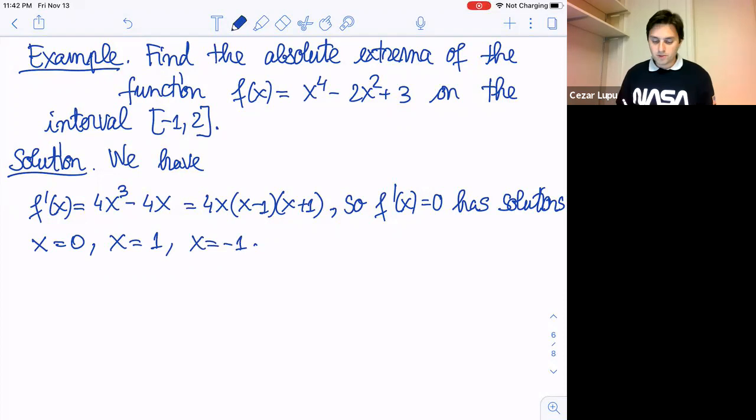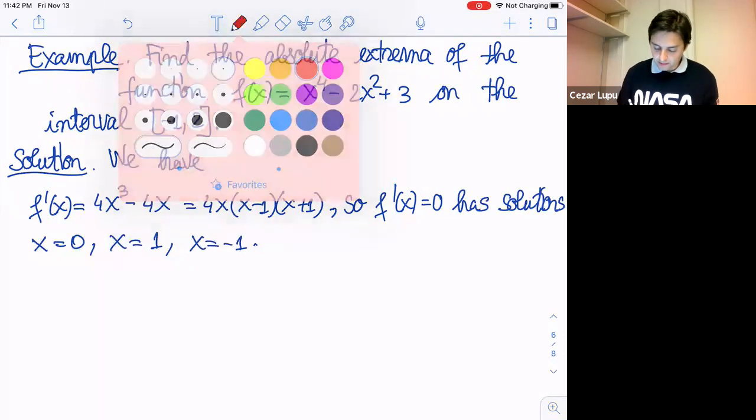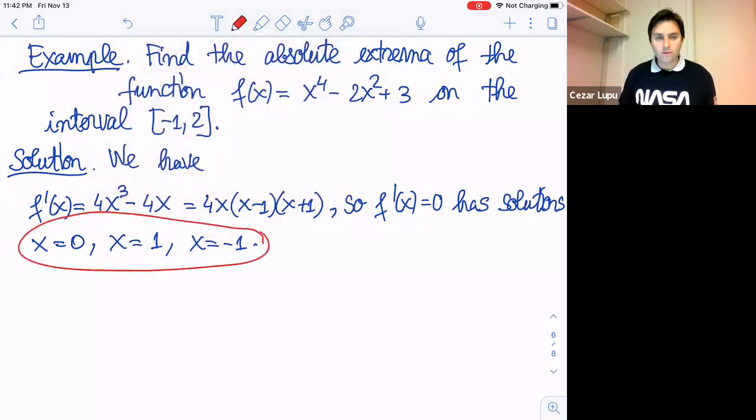We'll call these 3 the critical numbers.